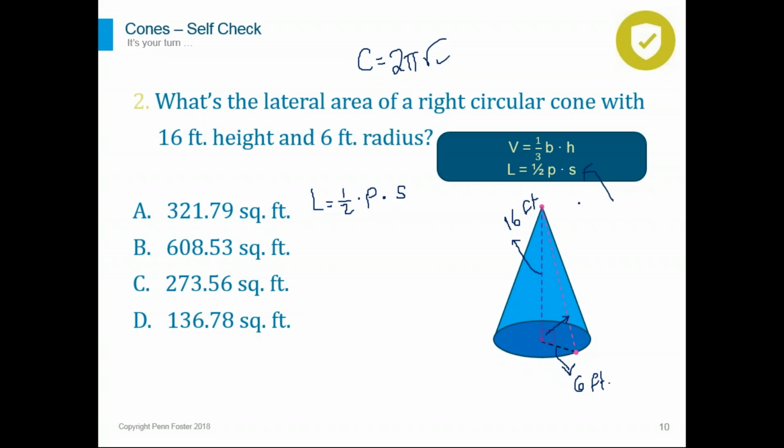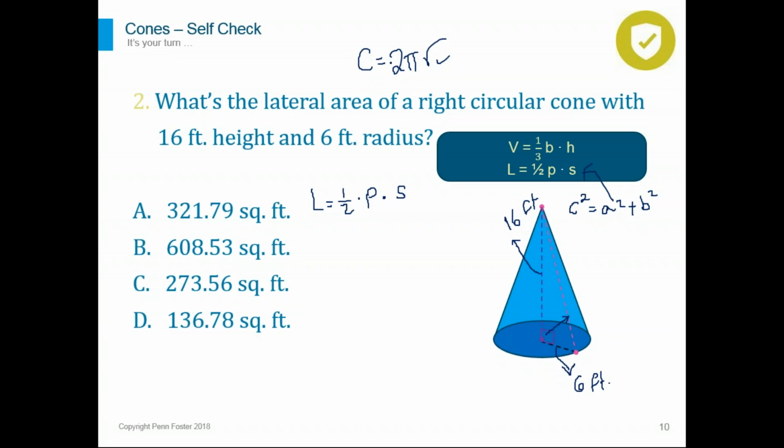I want to remind you of the Pythagorean theorem. C squared, the hypotenuse squared, should equal a squared plus b squared. So we're trying to find the slant height, which is c in this formula. Fill in the information in this formula and find the missing hypotenuse, which is the slant height in this cone, and then you'll be able to use it in the formula.